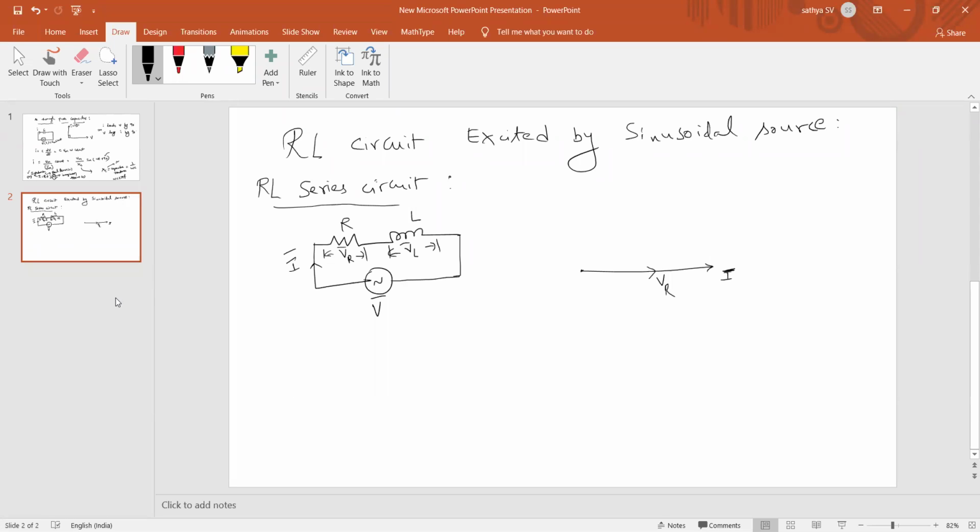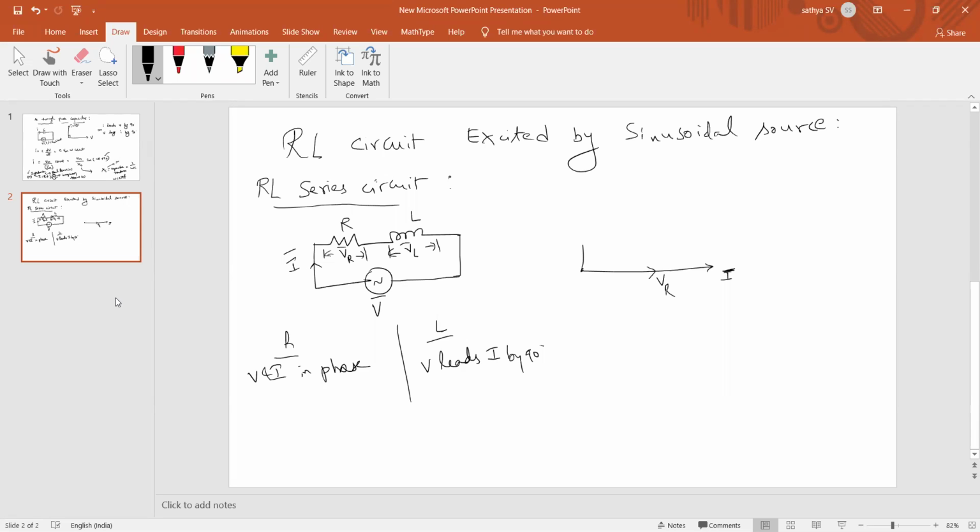For resistor, V and I are in phase, and for inductor, voltage leads current by 90 degrees. So here, voltage leads, in the sense I need to draw VL toward the positive y-axis or negative y-axis with respect to the input.